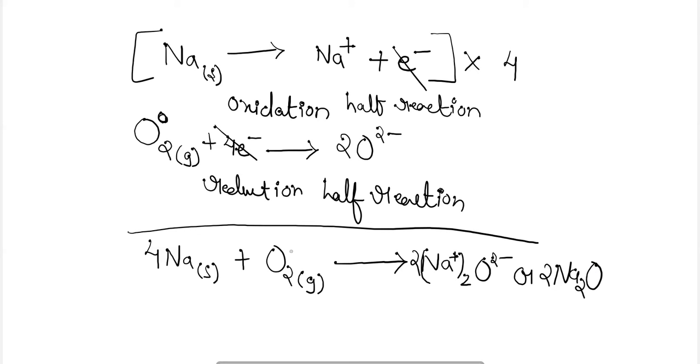So this is the total redox reaction, which is the sum of the two half reactions: one is the oxidation half reaction and one is the reduction half reaction. This is an example of a redox reaction in which oxidation and reduction have taken place.